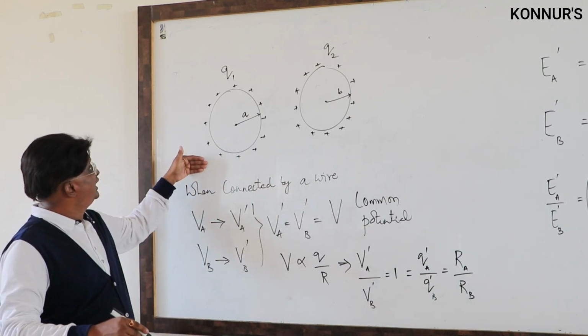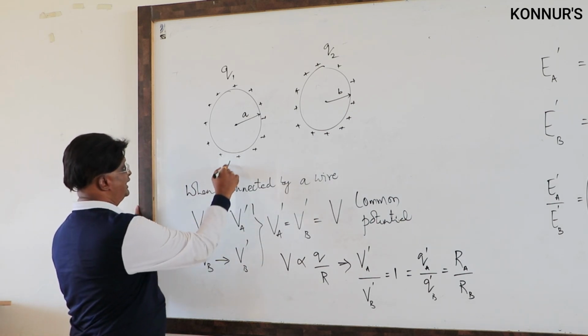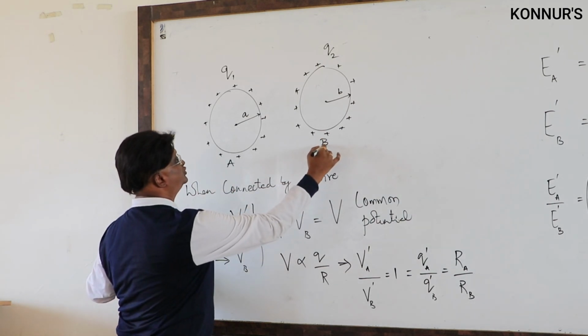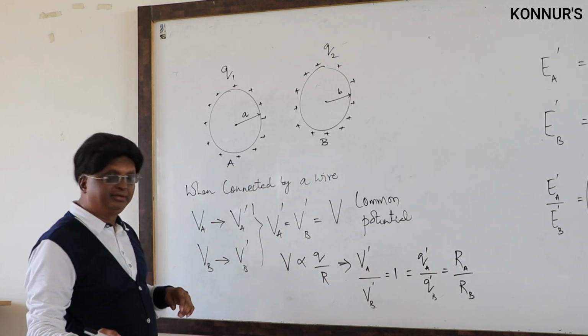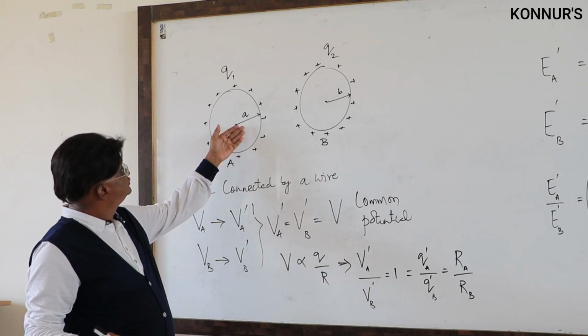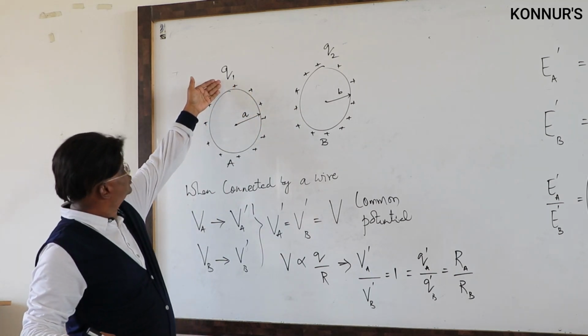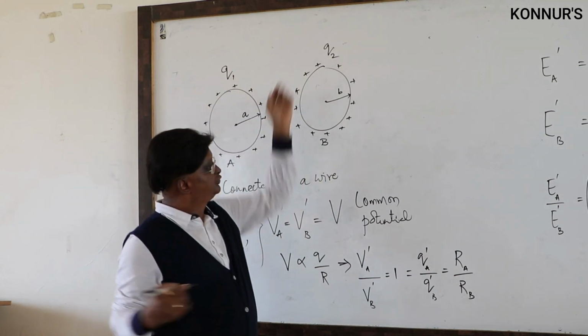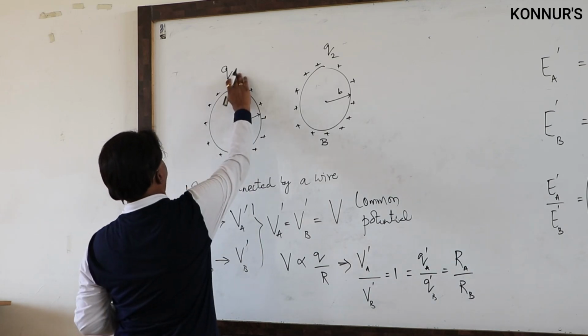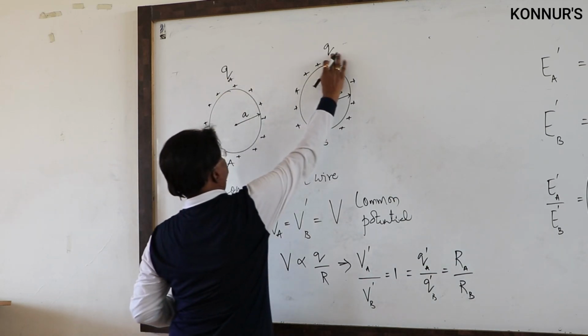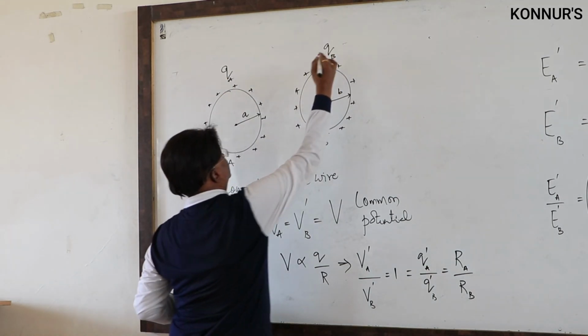Now this is the given data. A and B are two conducting shells of radius A and B with charges QA and QB, the charges initially there.